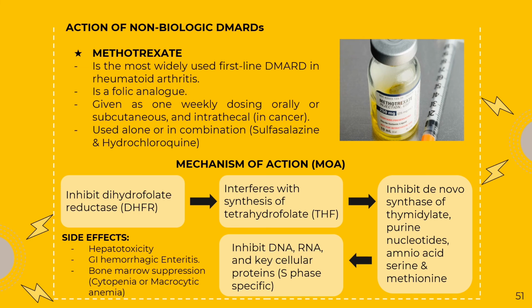Inhibition of AICART will reduce the purine nucleotides and also cause accumulation of AICAR, which inhibits adenosine deaminase, leading to an accumulation of adenosine triphosphate and adenosine in the extracellular space, stimulating adenosine receptors and leading to anti-inflammatory reactions. The usage of this drug has several side effects such as hepatotoxicity, GI hemorrhagic enteritis, and bone marrow suppression, which can lead to cytopenia or macrocytic anemia.